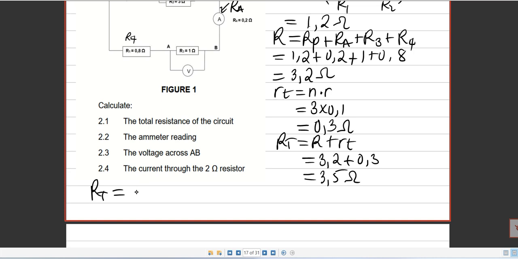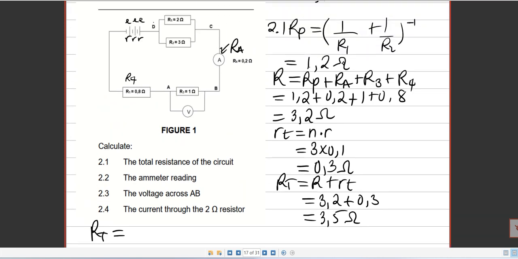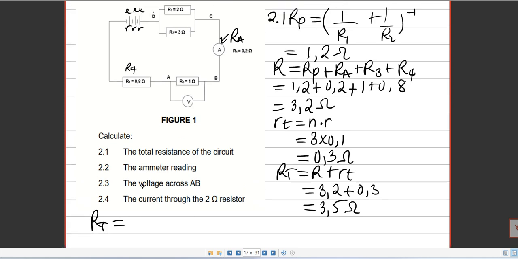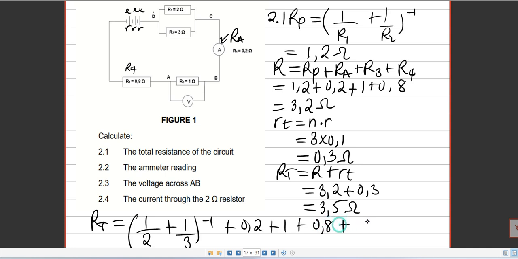Someone else would look at the circuit and, seeing that these two are in parallel, write 1 over 2 plus 1 over 3 to the power minus 1, plus this resistance of 0,2, plus the 1 ohm resistance, plus 0,8, plus our internal resistance at the end, which is 3 cells times each internal resistance.